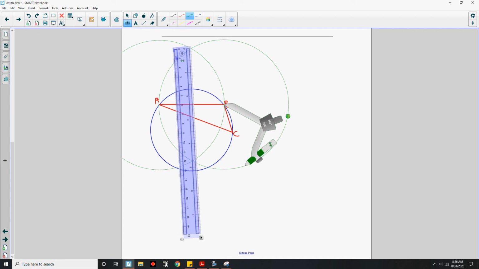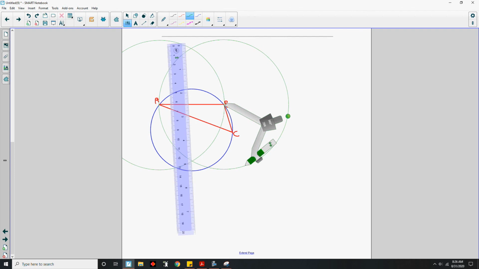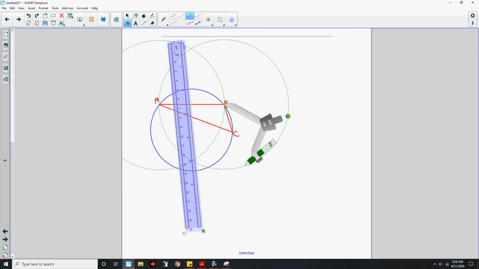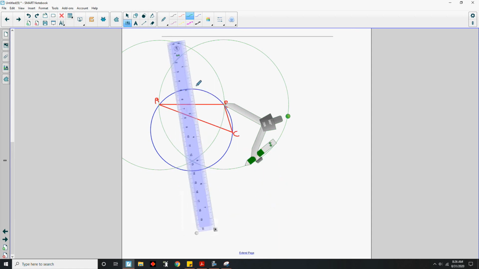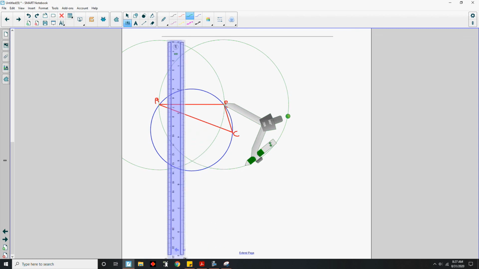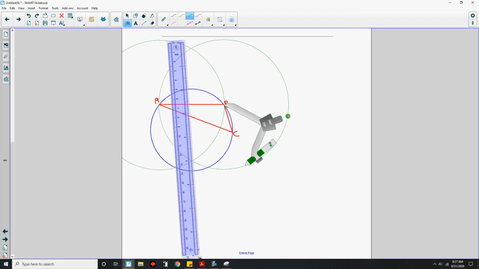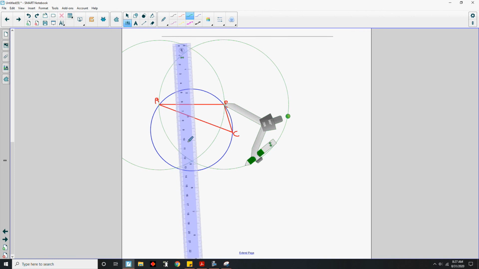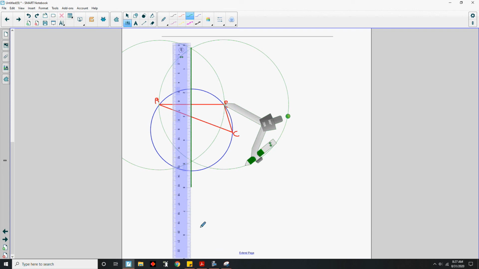So let me rotate this and see if I can get it this way. Okay, let me just try this. I don't want 90 degrees, I want like 89, and it won't let me. See that? Okay, so we're going to just do as close as we possibly can to this. So if I rotate this, we're off a little, I can't do it, there we go.